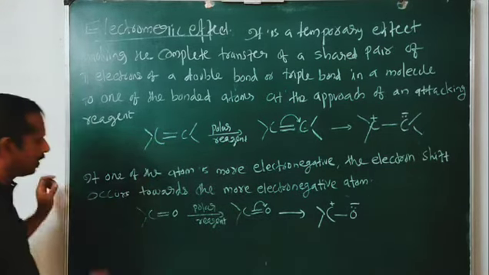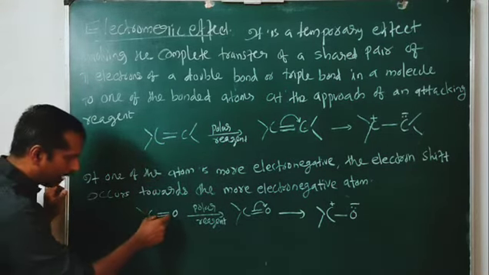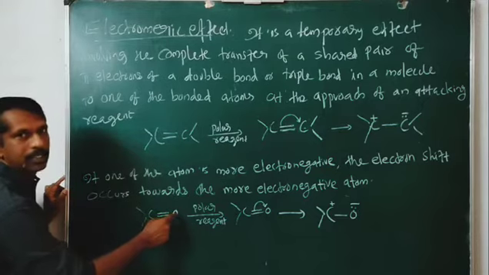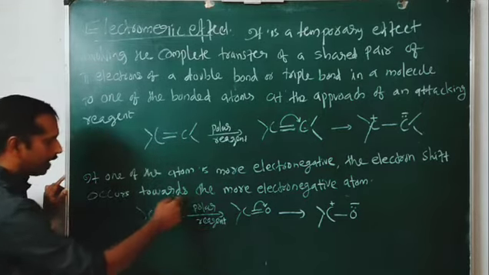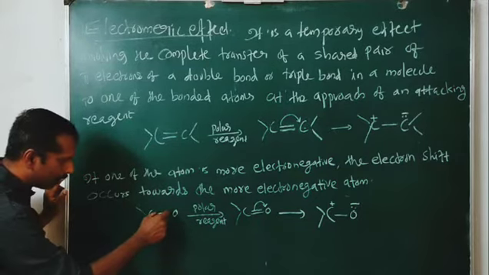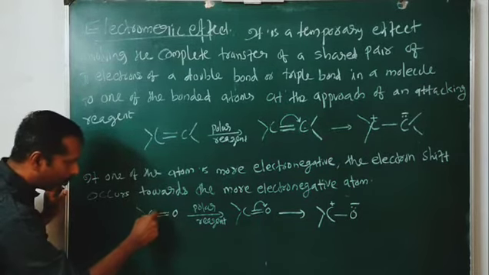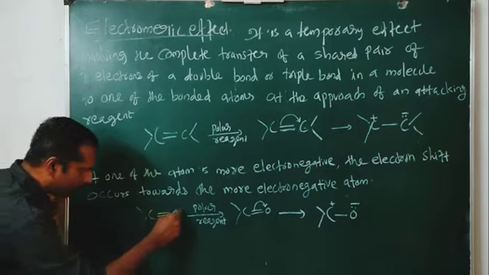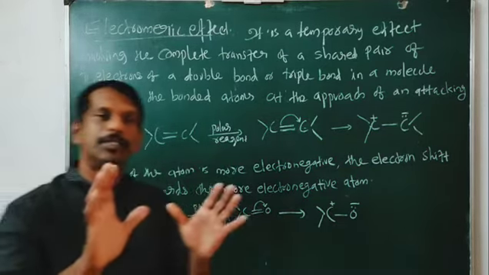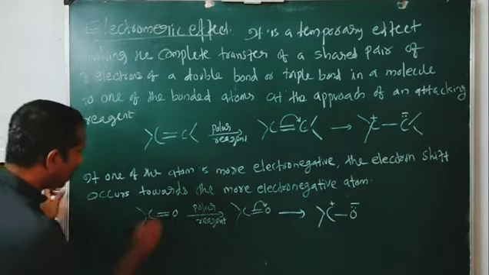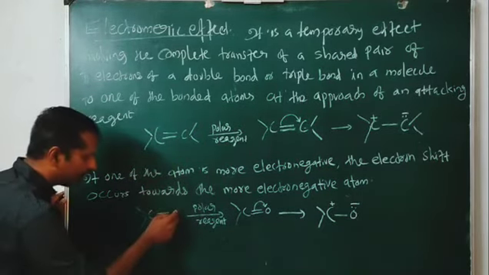But here the double bonded atoms, one is carbon and the other one is oxygen. In this case, in the presence of a polar reagent, the pi electrons of the pi bond will always move towards the more electronegative atom. In carbon and oxygen, the more electronegative atom is oxygen. Therefore, the pi electrons will always move towards the oxygen.